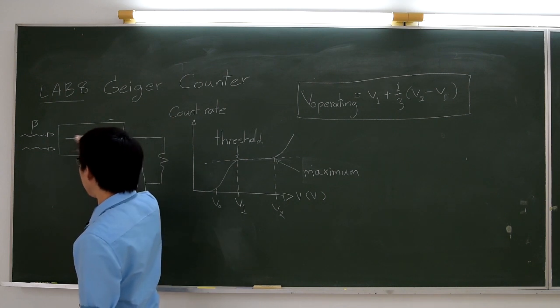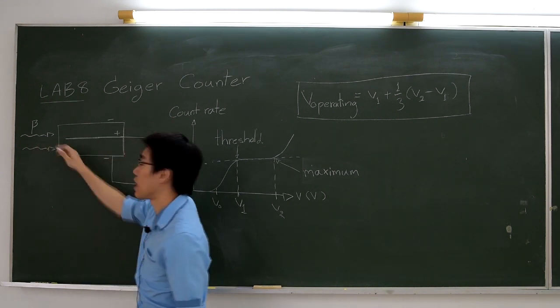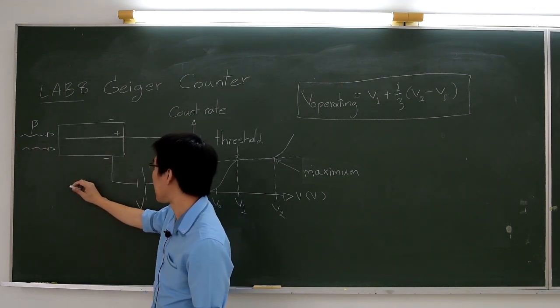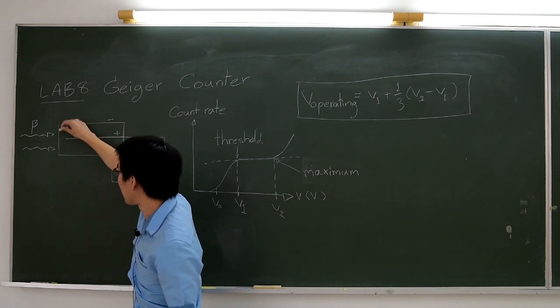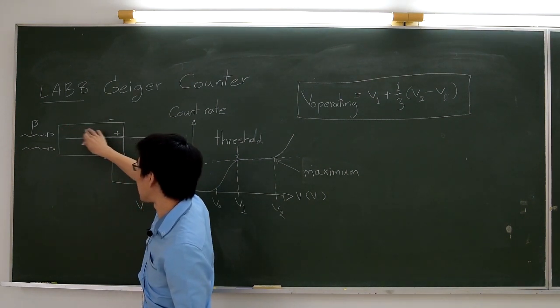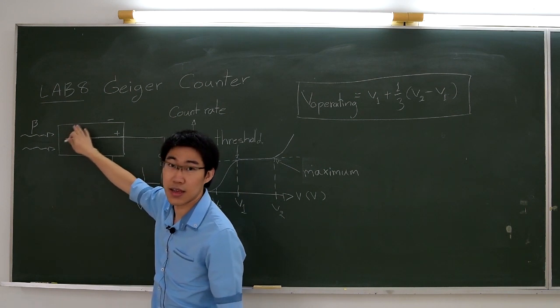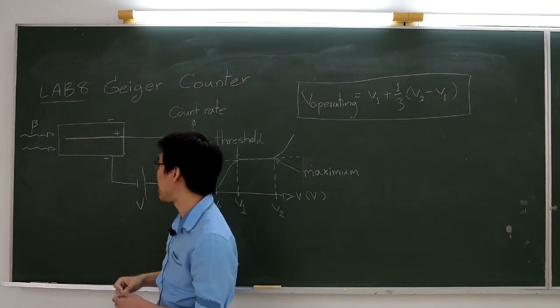In nature, there are several radioactive elements that can radiate with different types of radiation, such as alpha radiation, beta radiation, or gamma radiation.